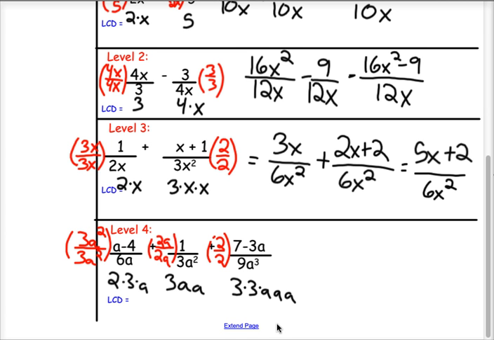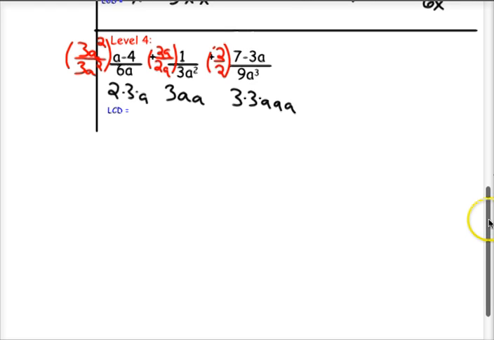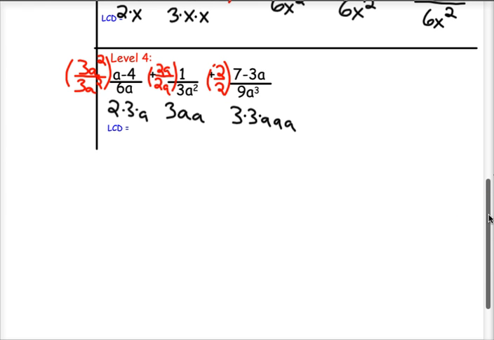And now it's time to start multiplying it out. All right, now I'm going to extend my page a little bit because this is going to take quite a bit more space. So 3a squared, and I'm multiplying it by a minus 4. So I'm going to have to distribute that to both of those.